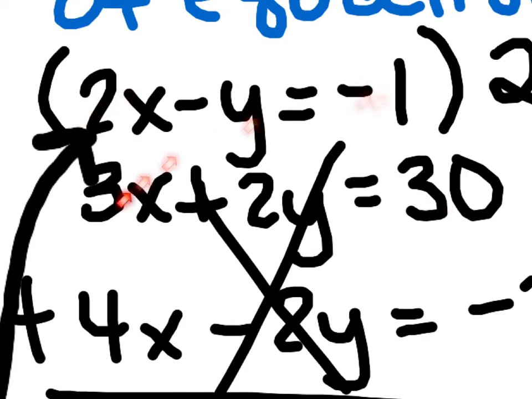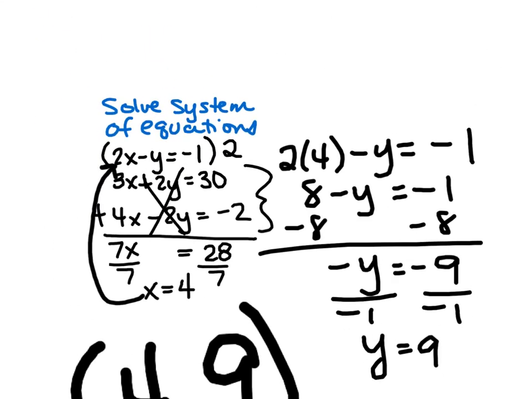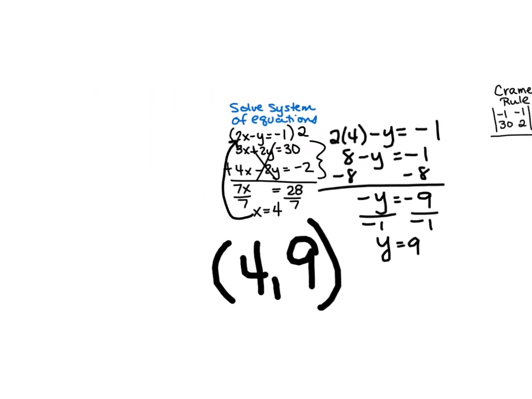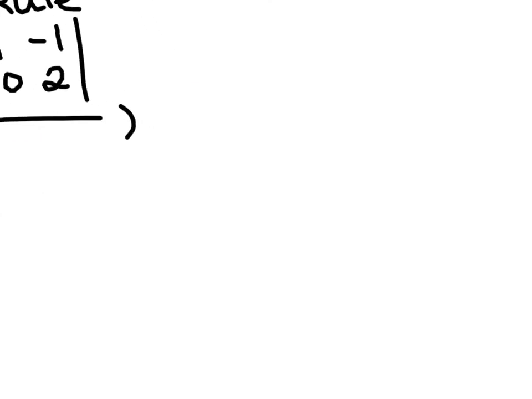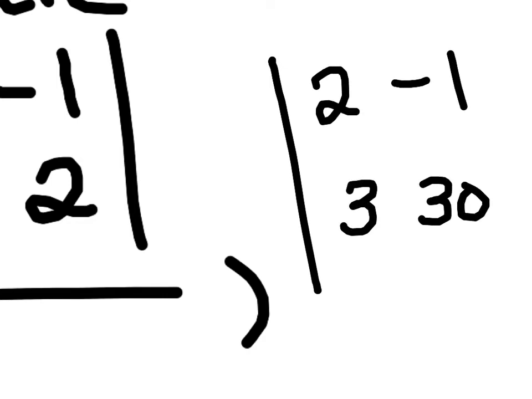So 2 and then -1, 3 and then 30. So you remember when you do x's, you do it backwards. When you do y's, you do it forwards. And that was 2, -1, 3, and 30.